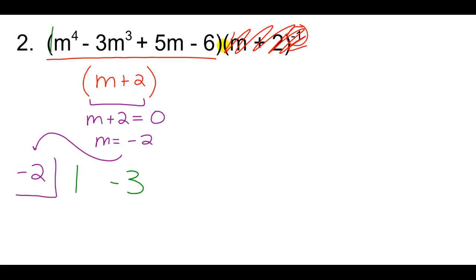In standard form, from largest exponent down to the smallest, what's missing? There's an m squared missing, right? Does everyone see how there's no m squared? You have to put a 0 there. Same with long division. If you're ever missing a term, you have to put a placeholder. So hopefully the video touched on that last week. And then we have a 5, and then we have a negative 6.